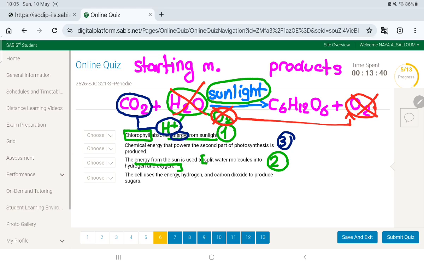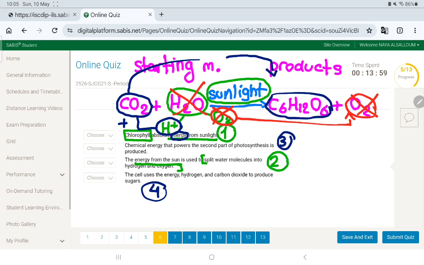Now, when the hydrogen ions and carbon dioxide add up, they will finally form glucose, which is the sugar. So the cell uses the energy, hydrogen and carbon dioxide, to produce sugars.